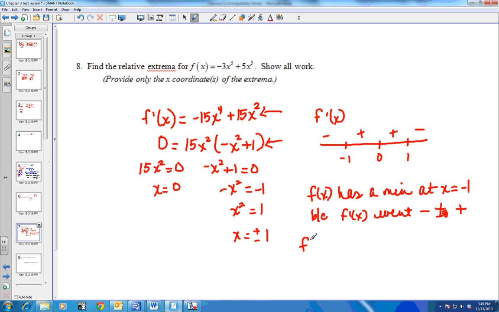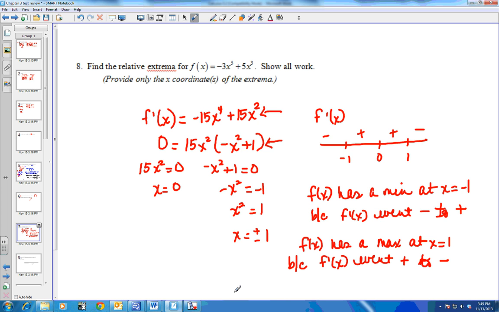F of x has a max at x equals 1 because f prime of x went positive to negative. Okay.